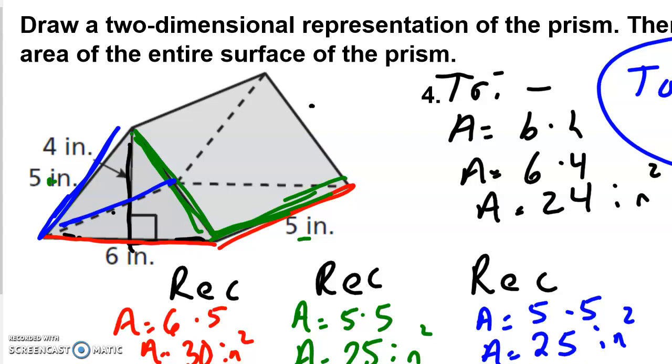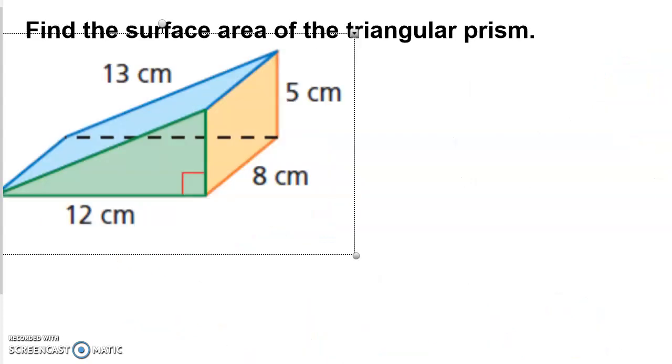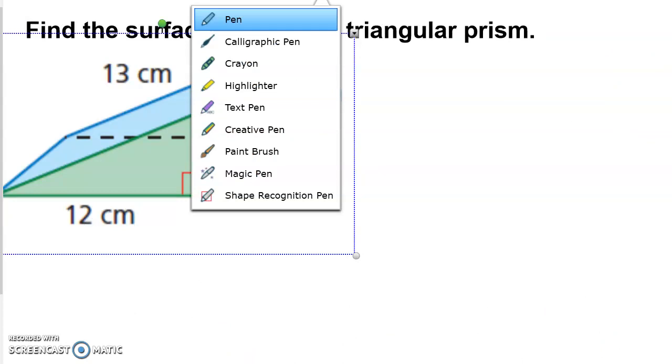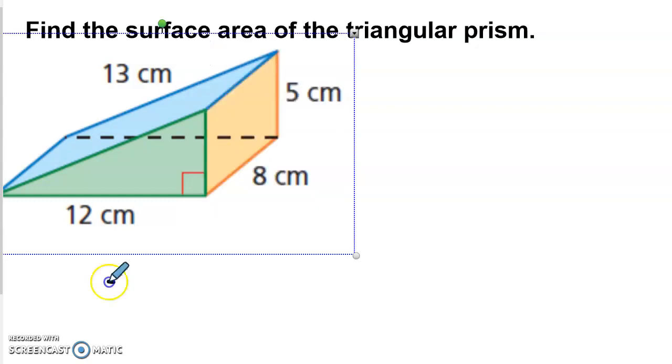Okay, let's take a look at another one. Okay, so you notice that this one is also a right triangular prism. So it looks like from a triangle, right angle, base and height.